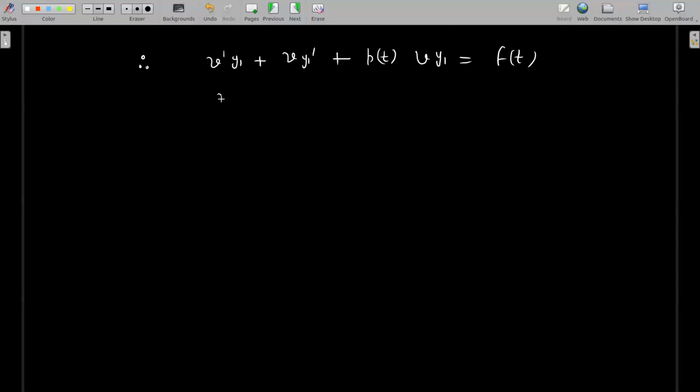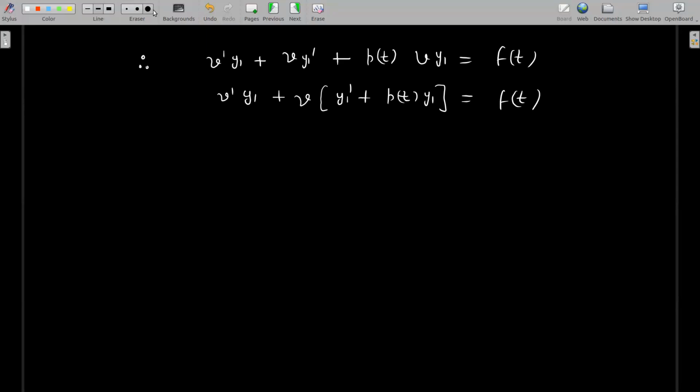Okay. So then this is v prime y1 plus, you can take v common from second and third term. So v times y1 prime plus p y1 equals to f.